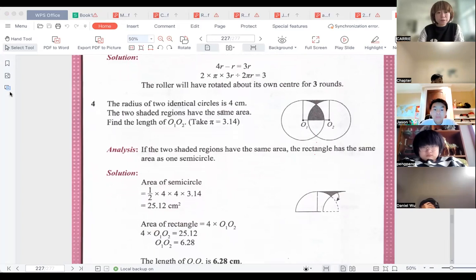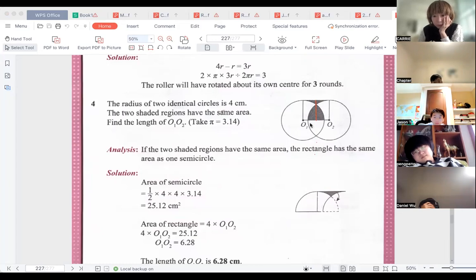Okay, let me just draw a little line for you, okay? So everybody, sorry, it's too long. You see, if this one, so there are semicircles.